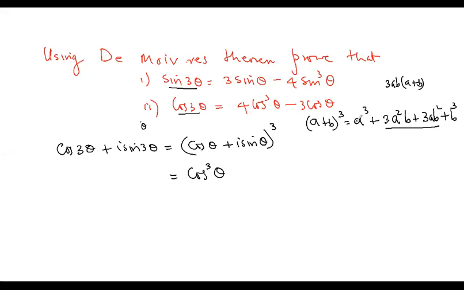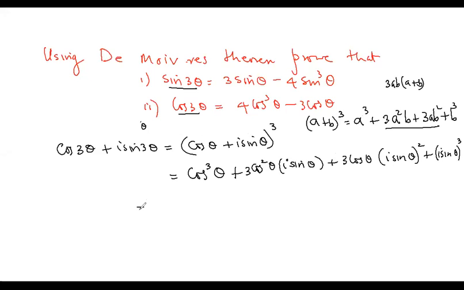So cos cube theta, plus 3 times cos square theta into i sin theta, plus 3 cos theta into i sin theta the whole square, and lastly i sin theta the whole cube.